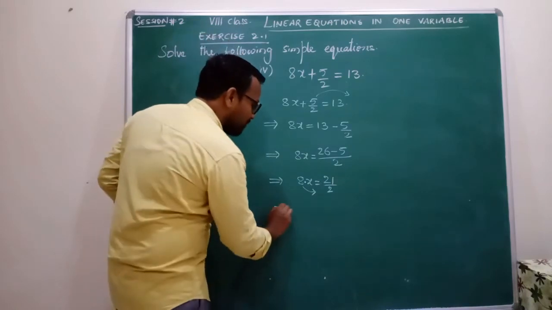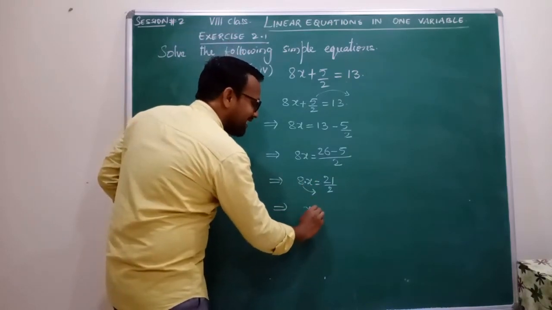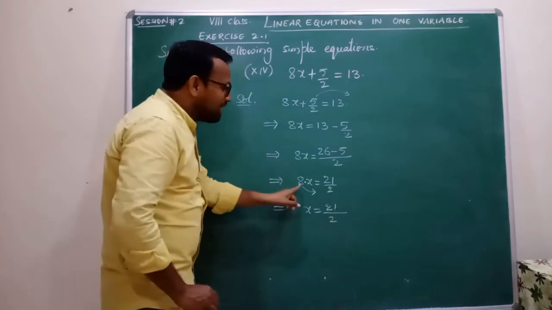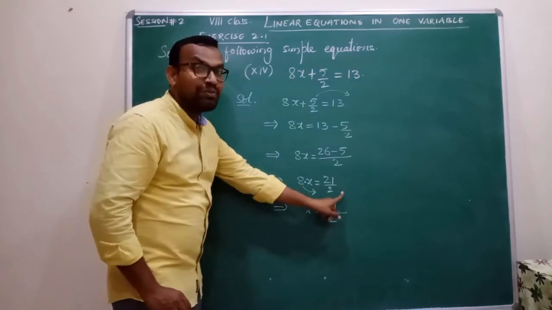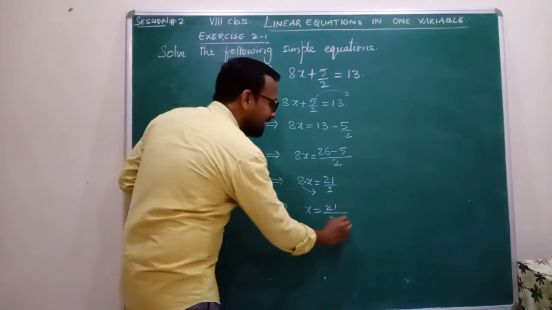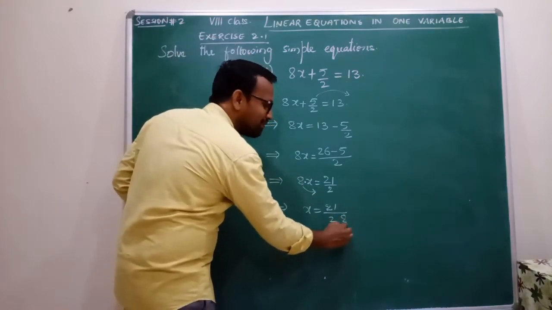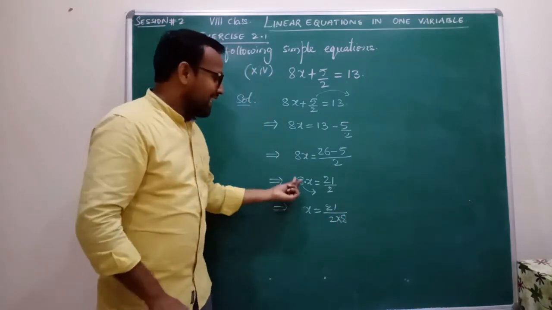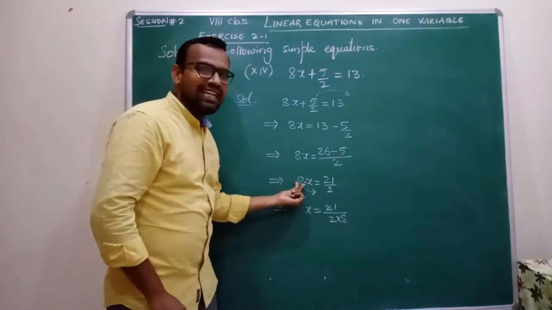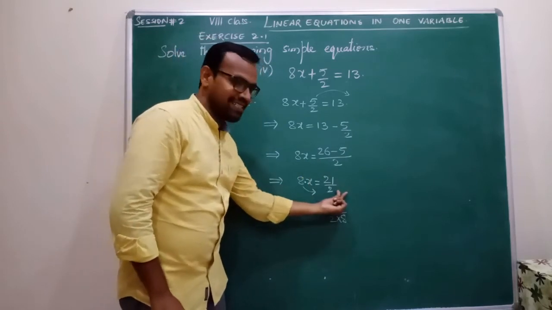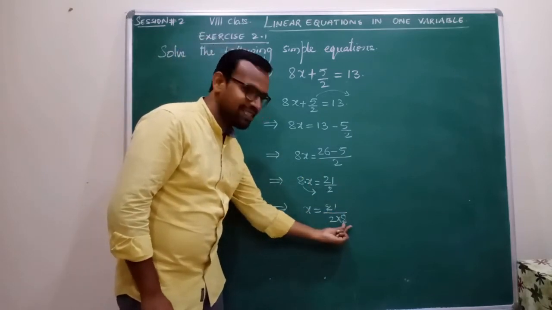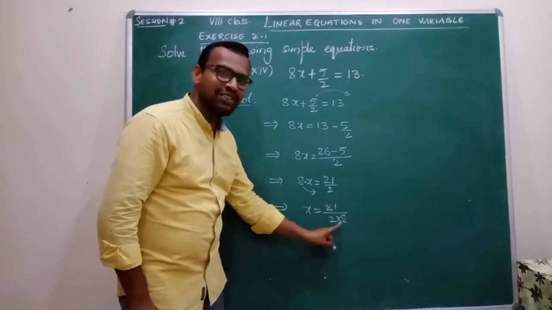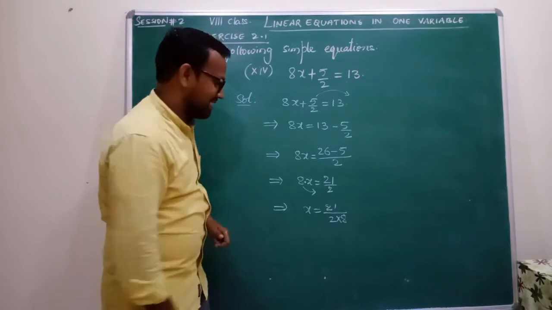So x = 21/2 by 8. Here you need to be careful: into 8 after transposing becomes by 8, but already 2 is there, so between 2 and 8, into will come. Keep this in mind.